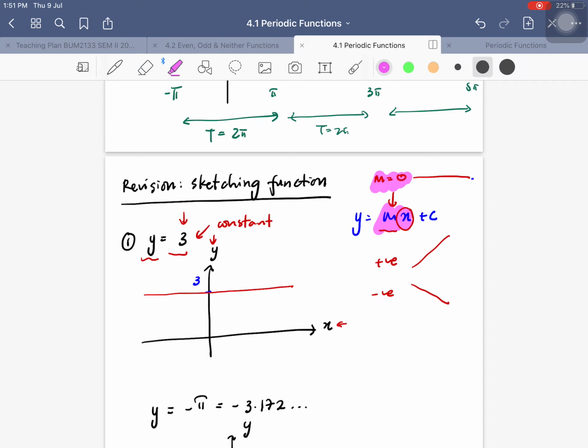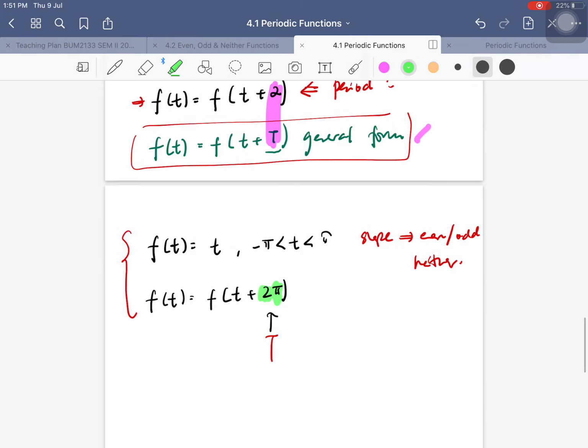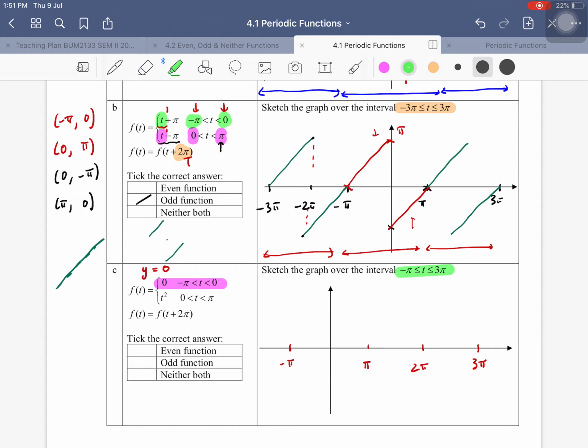It's not going up, it's not going down, so it's going to be a horizontal line. For this case, I'm going to have a horizontal line at f of t equals 0. Where is f of t equals 0? It's going to be right here. This is where my f of t equals 0. Let me draw that thicker so we can see that line. It's just going to be a horizontal line with no gradient. It's not going up, it's not going down.